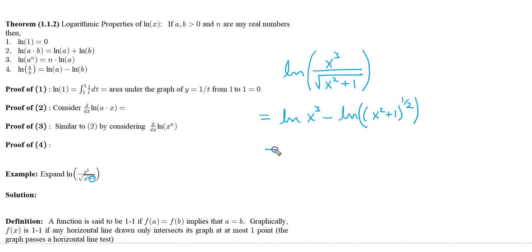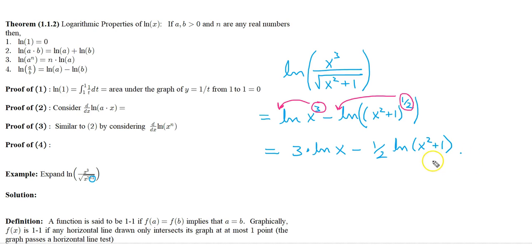And now we can write this as, now notice for the first term we can drop that 3 down front, and we can also at the same time drop that 1/2 down in front. And that's by property number 3. And so we can write this as, and we have our answer.